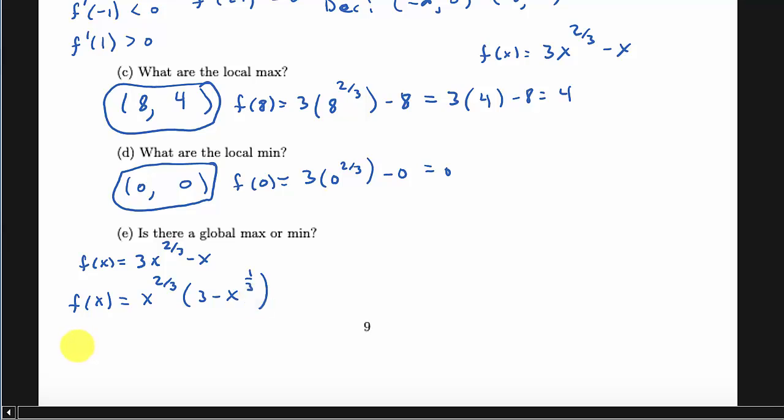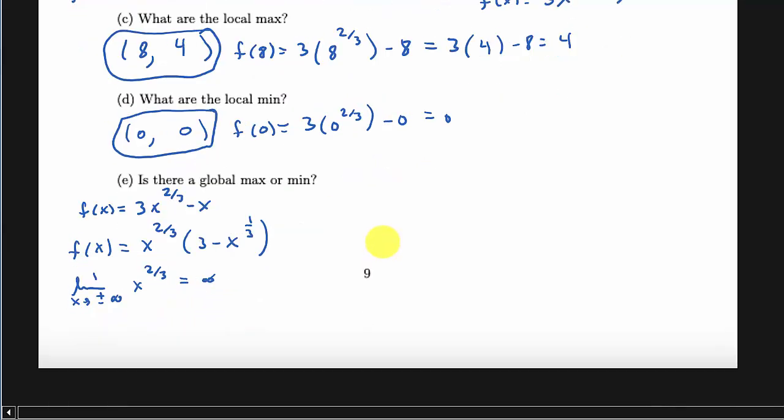And we can see here that if we take the limit as x goes to plus or minus infinity of x to the 2/3, that's going to equal infinity. And then the limit as x goes to plus or minus infinity of 3 minus x to the 1/3, well, when it goes to infinity, that's going to be negative. When it goes to negative infinity, it's going to be positive.